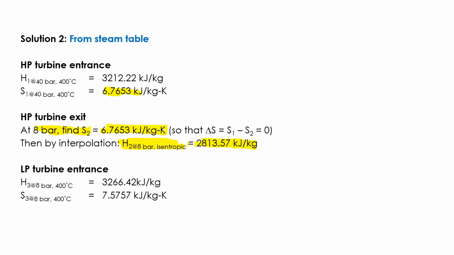Then after this we look again into the low pressure turbine. It is at 4, we assign that point as point 3, which is at 8 bar and 400 degrees Celsius. We look into the table, we find out this value, and the entropy of this value is 7.57.